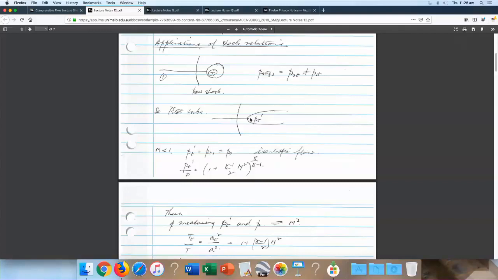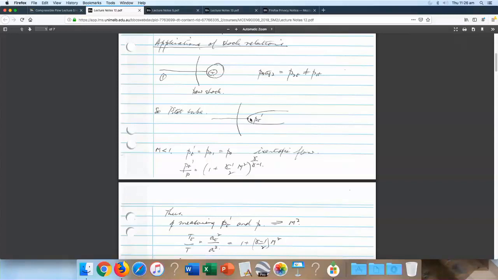So M is the Mach number of the flow, far downstream if the shock is there and you have an actual probe in there like that. And that tells you then, if I know this total temperature and I know the Mach number from this relationship, I get T or a. And if I know a and I know the Mach number, then I know U. So that's how it works.